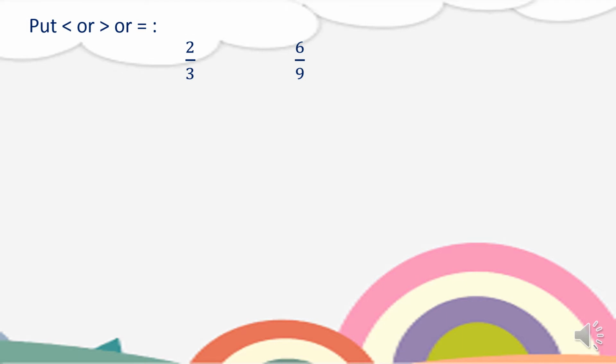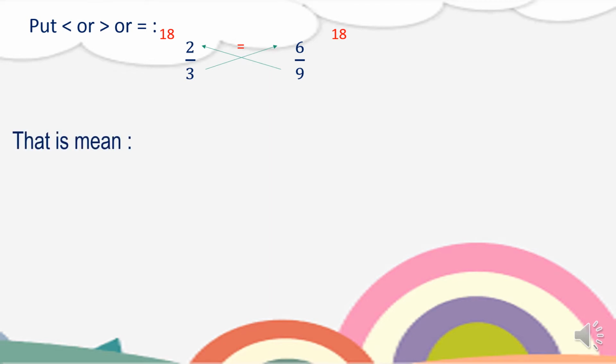When I have two fractions like this, or two ratios, 2/3 and 6/9, and I need to compare between them, what do I do, Junior 6? Yes, I multiply crisscross. So 9 times 2 equals 18, and 3 times 6 equals 18. When I have two equal results, I put the sign of equal, right?